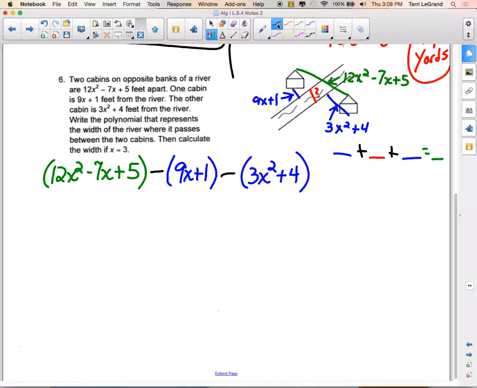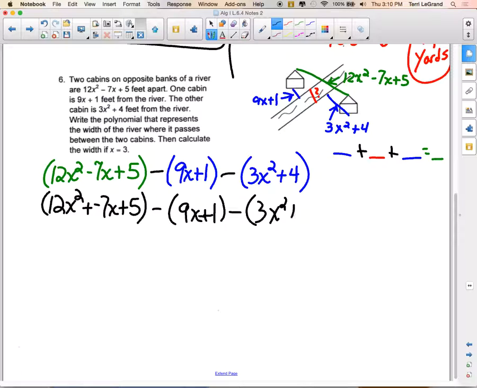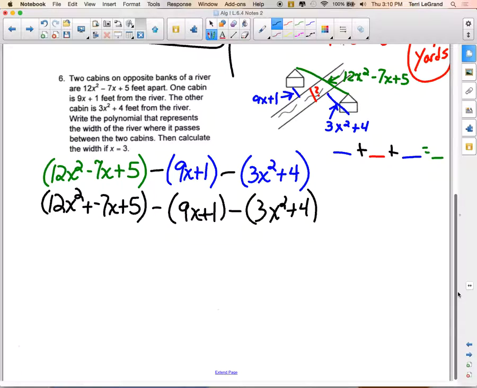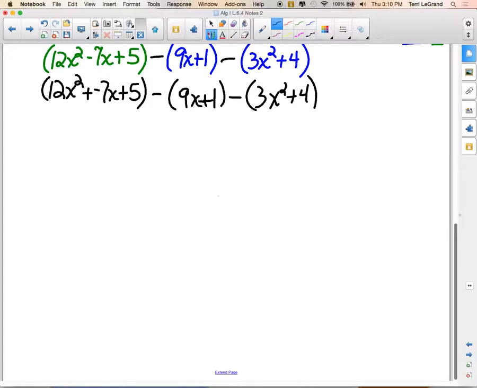Well, let's do what I say about parentheses and changing any subtraction within parentheses. Only take care of that. Well, there's only one to do. It seems like a whole lot of writing for that, doesn't it? There's only that one subtraction inside the parentheses.